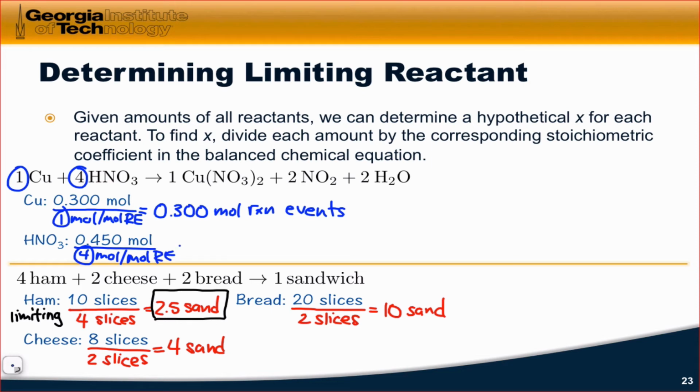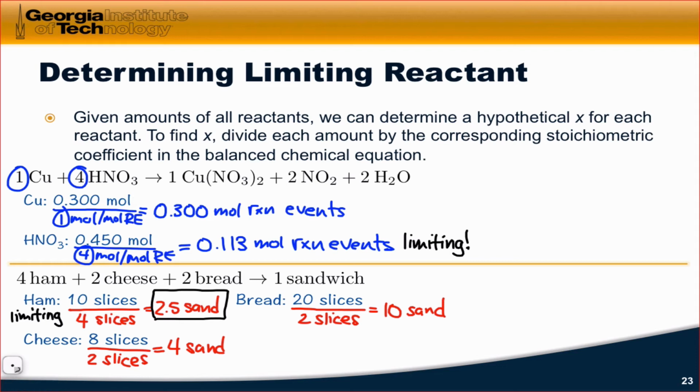Doing this division, we find that the nitric acid that's there can only engage in 0.113 moles of reaction events. And since the HNO3 can engage in fewer reaction events than the copper can, we know immediately that the HNO3 is the limiting reagent here.